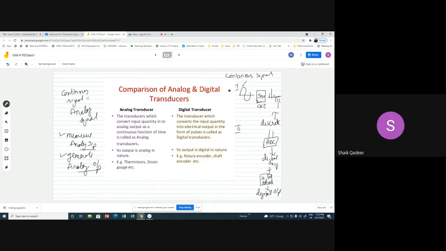These two operations that I am telling you, what will we call them? Pre-processing. So digital transducers are not accepting pure analog signals. They need processed data, right? So we need to perform some sort of pre-processing operation in order to form the data which we can feed to the digital transducer.